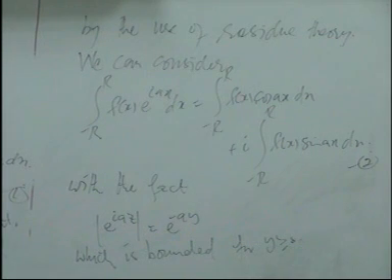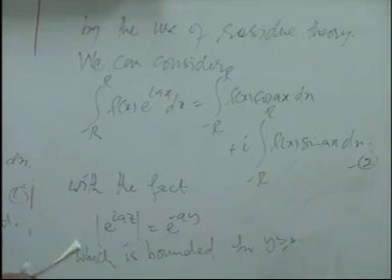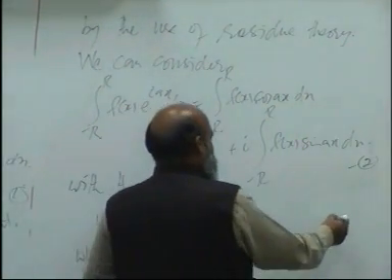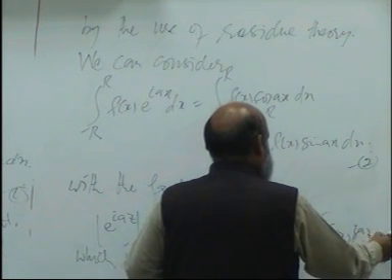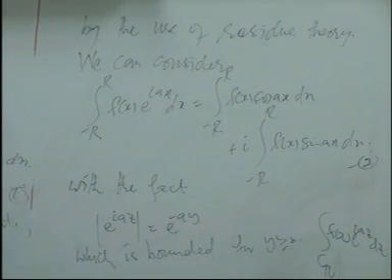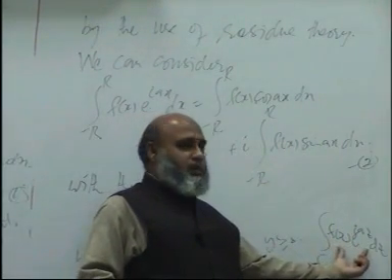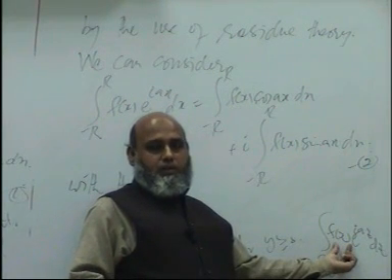That means at a certain point we have to find the value of the integral over CR of f of z e power iota az dz and prove this to be 0 when r tends to infinity. So we have to find the magnitude of this one.